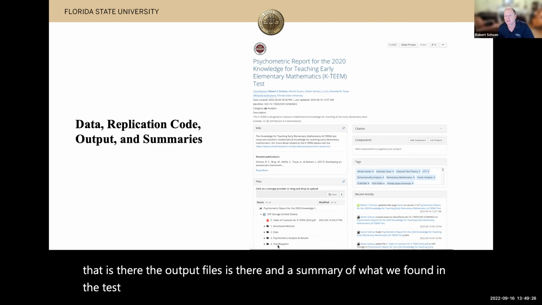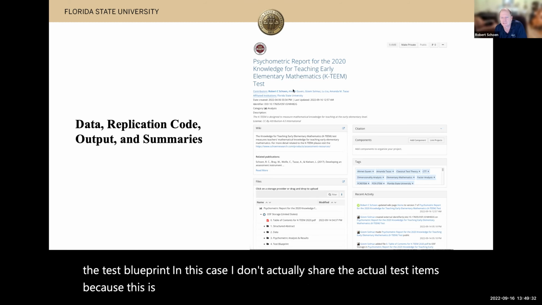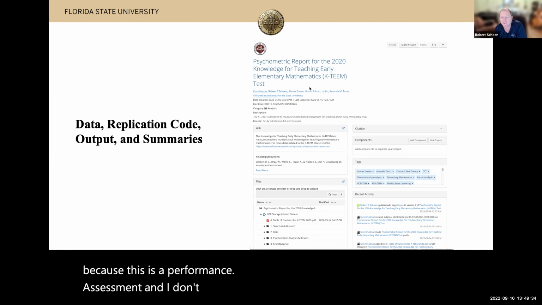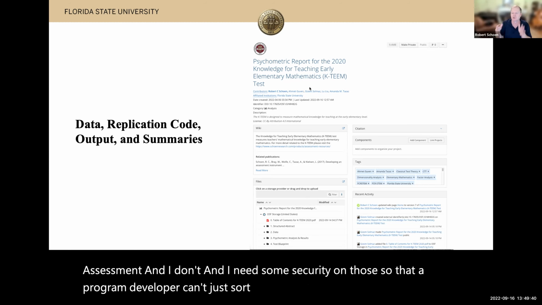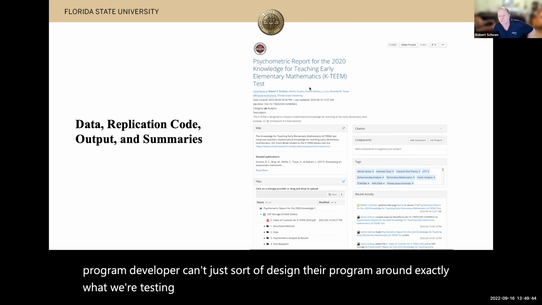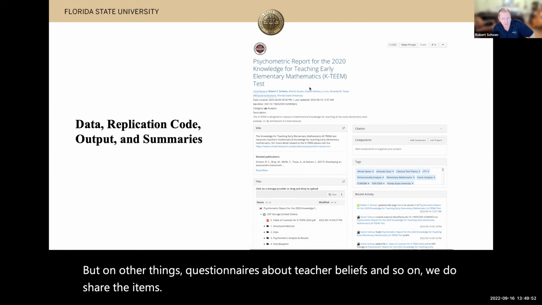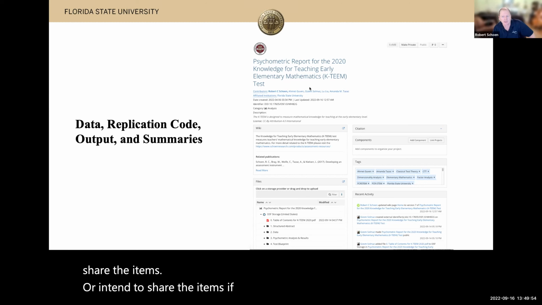In this case, I don't actually share the actual test items because this is a performance assessment, and I need some security on those so that a program developer can't just design their program around exactly what we're testing, right? But on other things like questionnaires about teacher beliefs and so on, we do share the items or intend to share the items if we haven't yet.